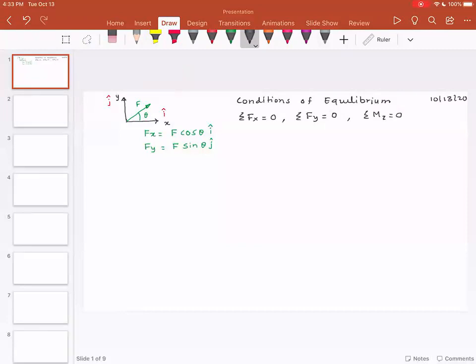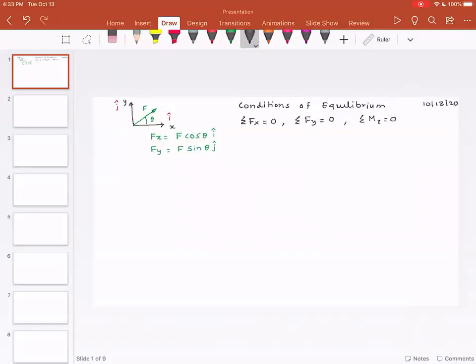If you have a three-dimensional case, again, you will sum all the forces in x direction, y direction, and z direction and equate it to 0. You will find the moment about x, y, and z and equate it to 0. However, in this particular case, I'm interested in finding out the static forces on manipulator.